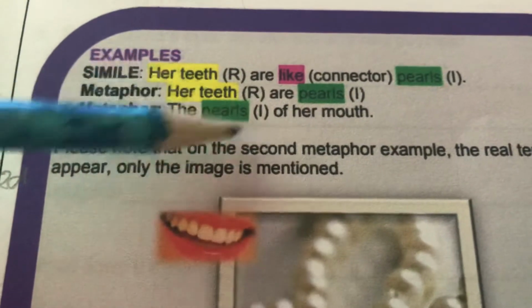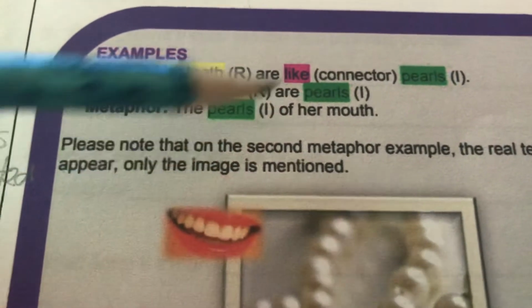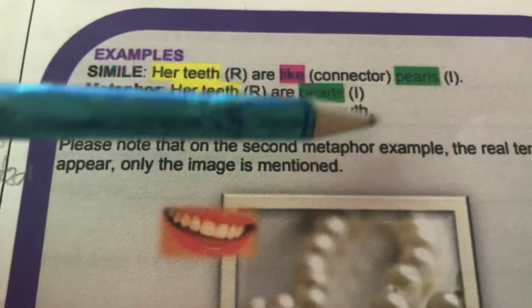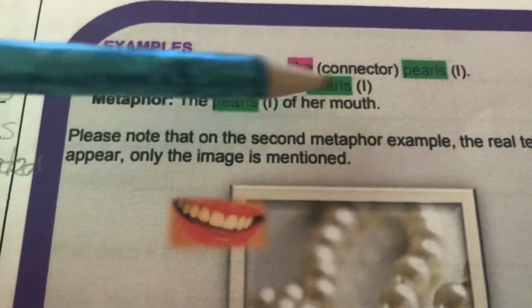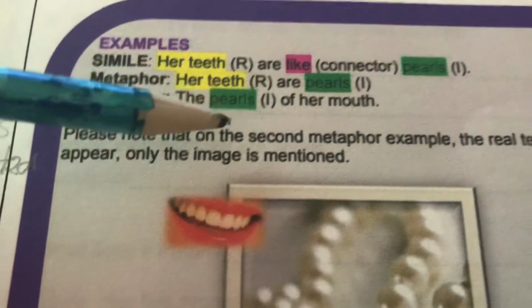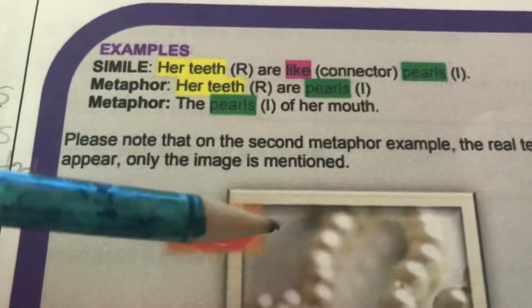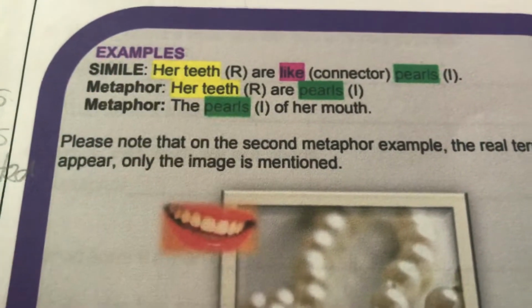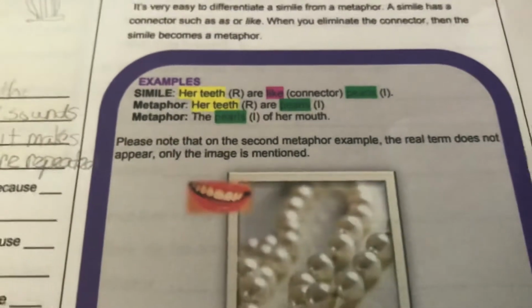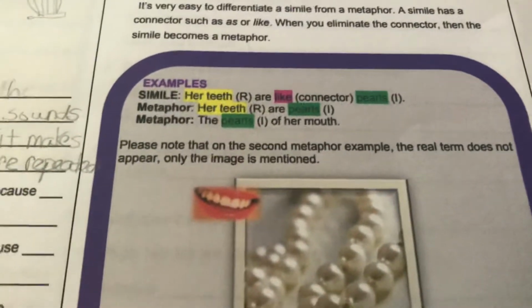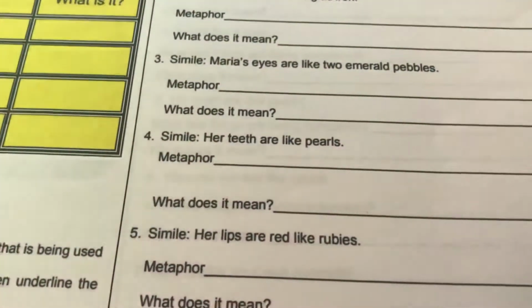But pearls are still being compared to her teeth, right? You know that because you have this over here. You know it's her mouth that we're comparing it to. And, well, what's in her mouth that would be like pearls? Her teeth. Okay? All right, I'm going to go to the next page.